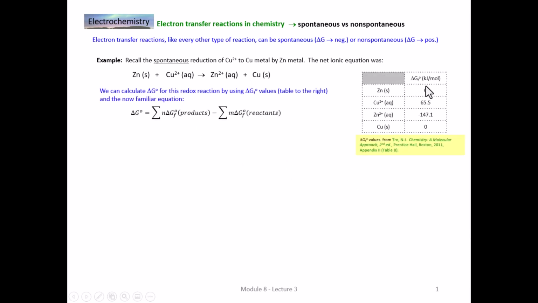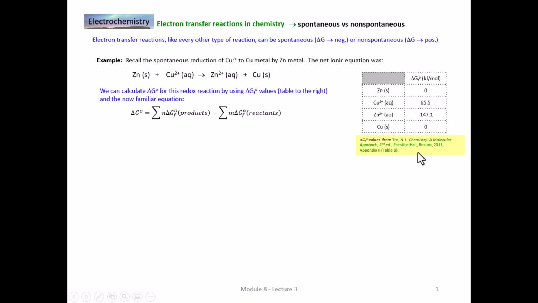We can calculate a delta G under standard conditions for this redox reaction by using delta G of formation values and what should be a now familiar equation, where we add up the delta G of formations of the products and subtract the sum of the delta G of formation of the reactants. The table on the right is a table of the 4 values that we need here.